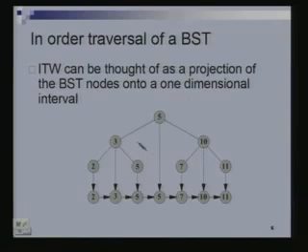Now suppose I give you a binary search tree, and I do an in-order traversal of this binary search tree. Now what does in-order do? First the left, then this node, then the right. Suppose all I do when I visit a node is print out the key.